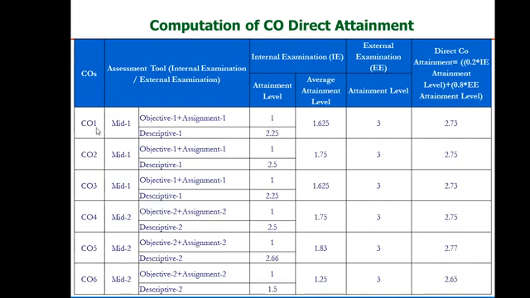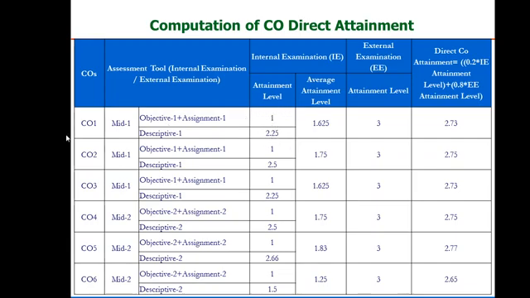Then coming to CO1, which is mapped with mid 1, in objective 1 plus assignment 1, the attainment level is 1. How to get this attainment level, we will see in the annexure. Then for the descriptive test, we got an attainment level of 2.25. So for overall CO1, there are two components under mid 1 with different levels.